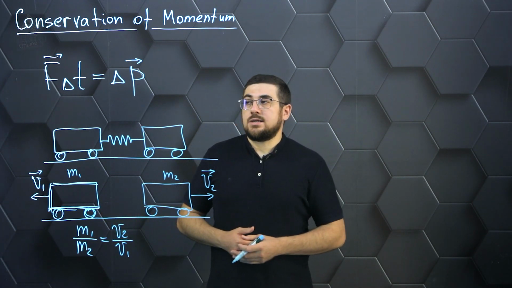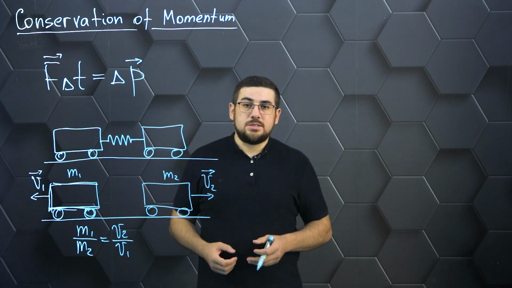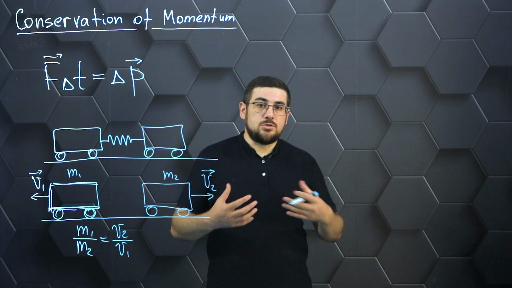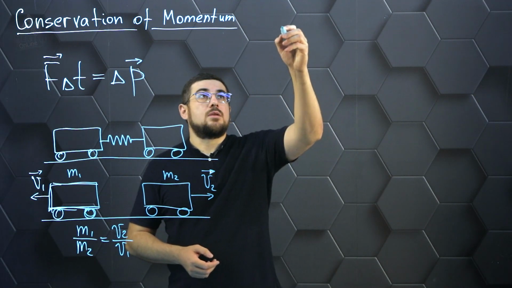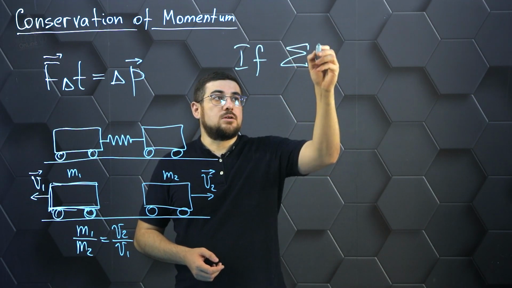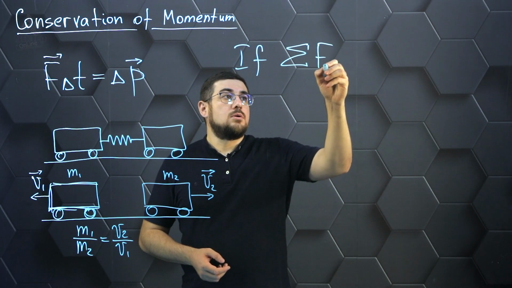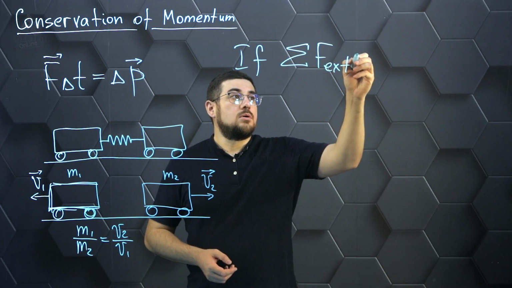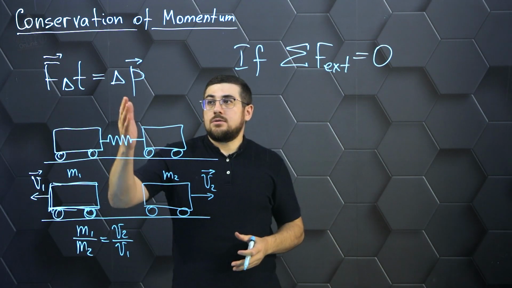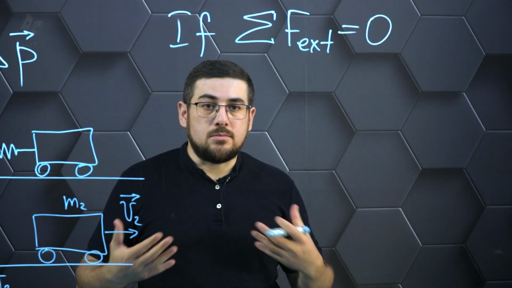So the law of conservation of momentum says that if the external forces acting on the system of bodies are equal to zero or compensate each other, that is, in other words, if the sum of all external forces is zero, then in this case the momentum does not change.